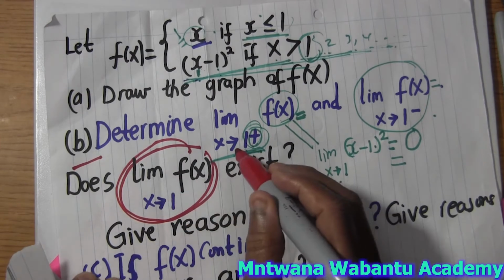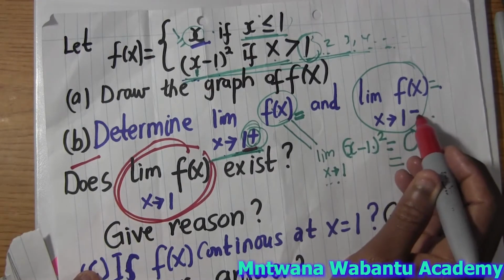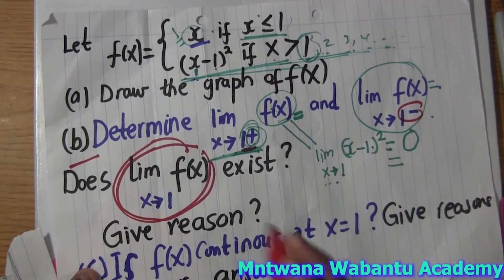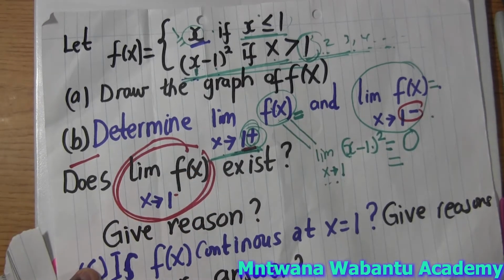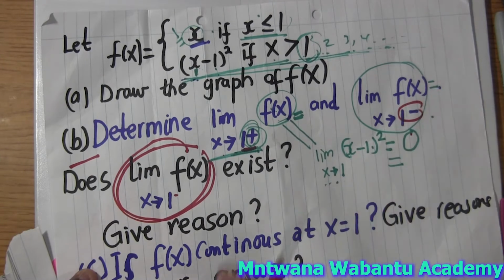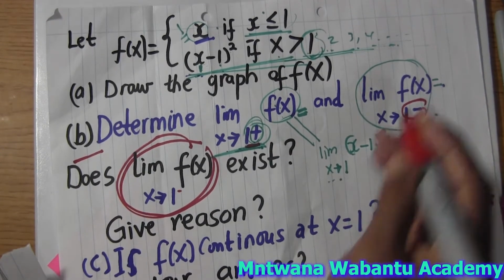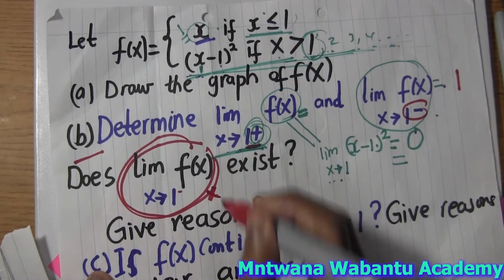For the limit at 1 to exist, the limit from the right must exist, and it must be the same as the one from the left. When they're the same, then the limit with no left or right is going to exist. But in this case, we see the limit from the right is 0 and the limit from the left is 1. Since they're not the same, this cannot exist.